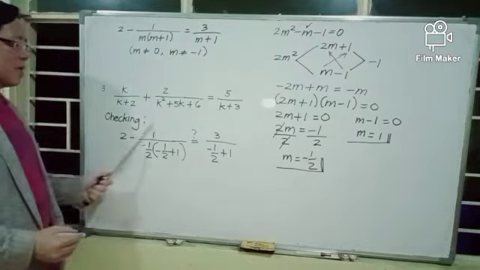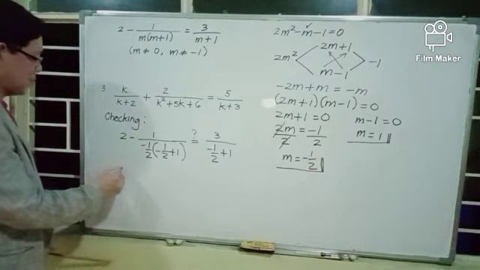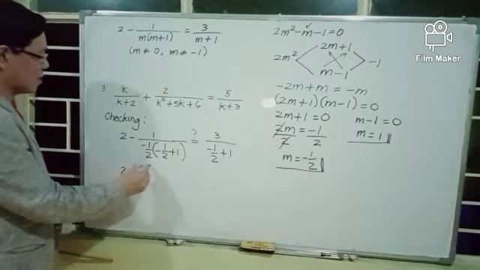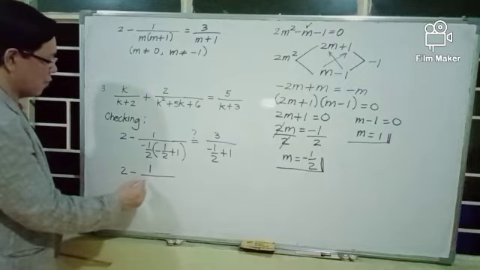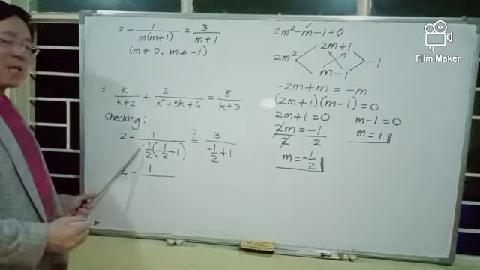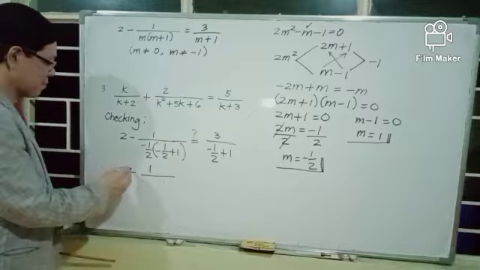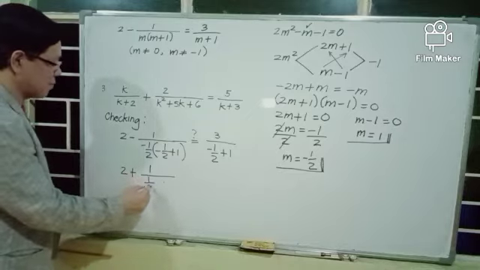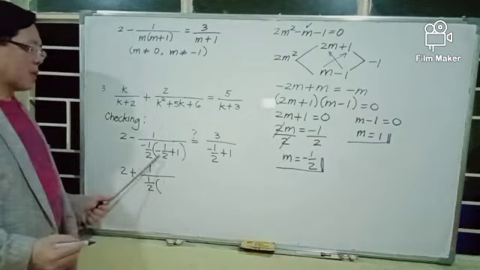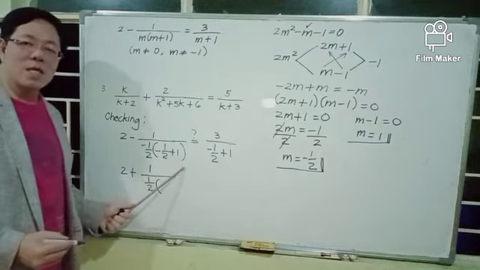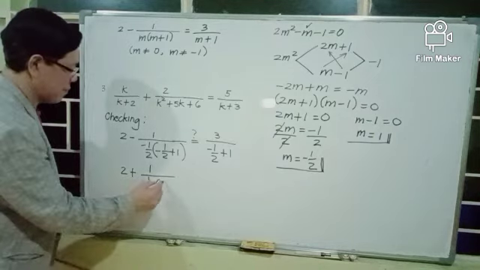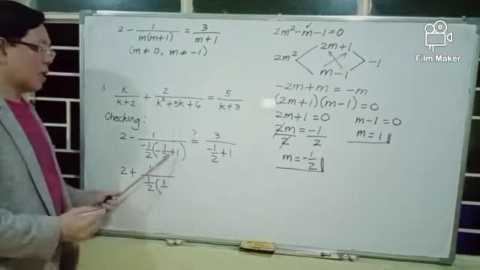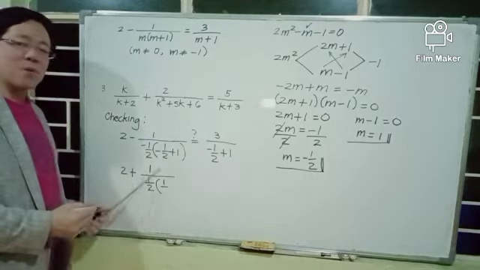Now we simplify this fraction. We have 2 minus 1 over, negative times negative is positive, 1/2 multiplied by negative 1/2 plus 1 is 1/2. Or 1 minus 1/2 is 1/2.